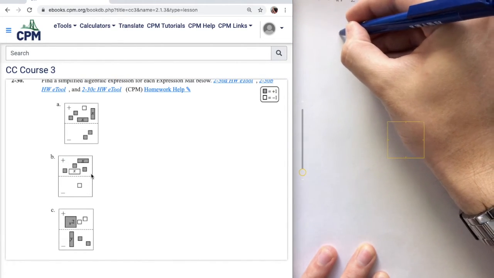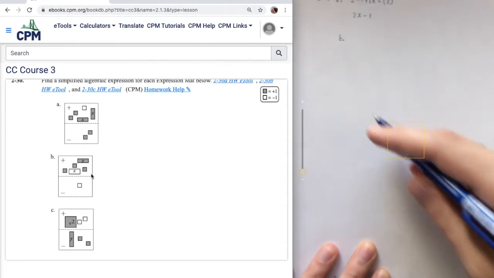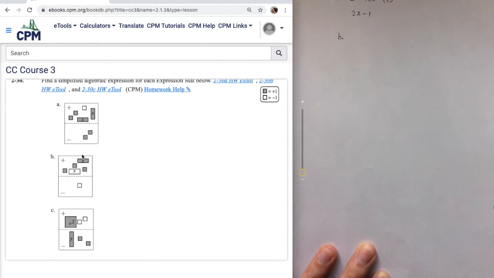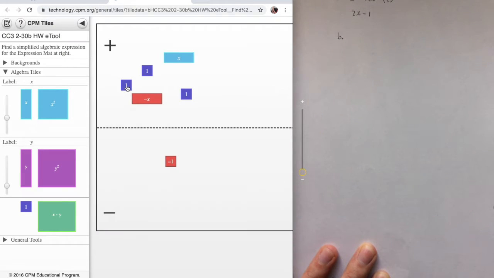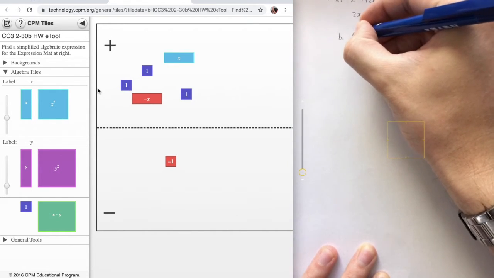So B. Once again, we can write out what the equation kind of looks like. Let's open up the tiles first. So you can see that we've got the 3 1s up top. So it's going to be 3.